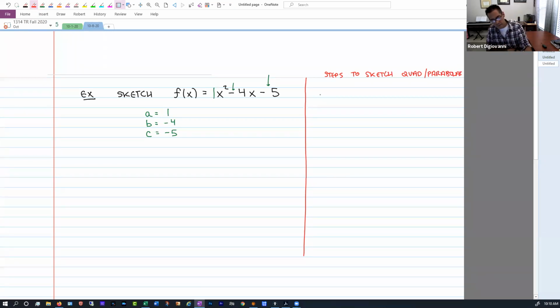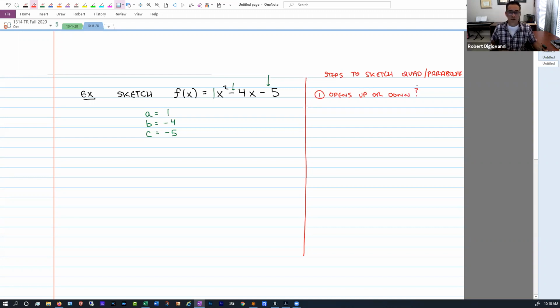All right, first step is to determine if it opens up or down. So that's a question you have to answer.